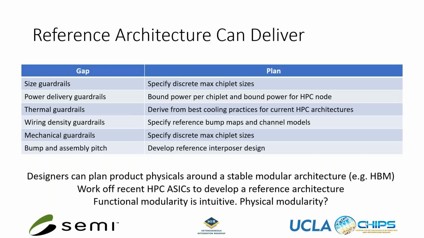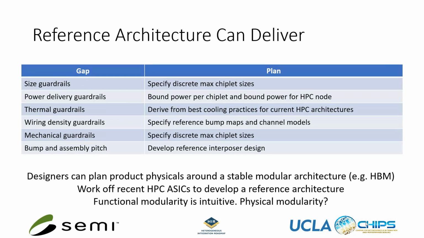As for power dissipation, this is how much heat you can dissipate per square millimeter. This is the bump pitch and wire density your interposer or your laminate package needs to support. These are the largest chiplet sizes you need to support, and this is how big your package is. And you can also start thinking in terms of reference designs for your interposer.